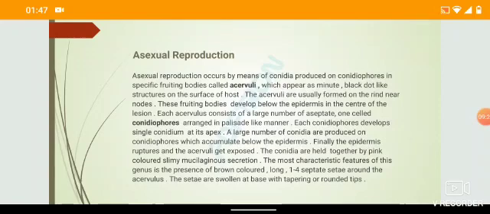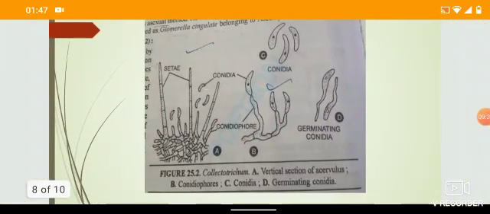Now, if we consider the fruiting body acervulus, it consists of a large number of aseptate, one-celled conidiophores. You can see here in the diagram. So these conidiophores are one-celled and they are arranged in a palisade-like manner.